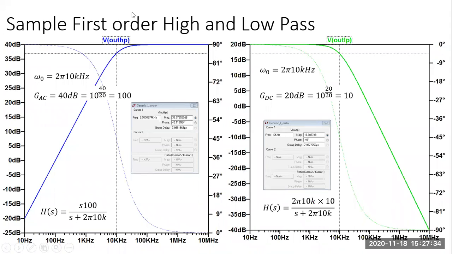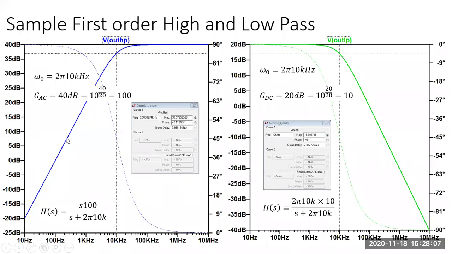So here we have 2 more examples, where we have a high pass on the left and a low pass on the right. It's still first order because it's going from 90 to 0, and this is going from 0 to minus 90. That's one indication that it's first order.